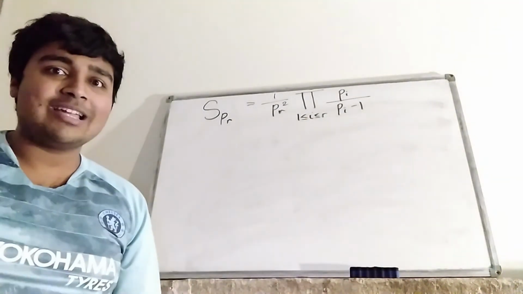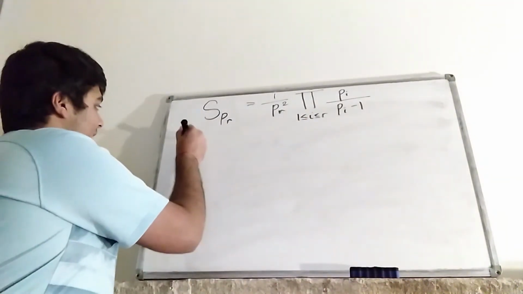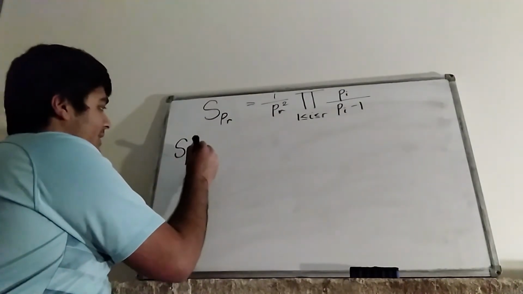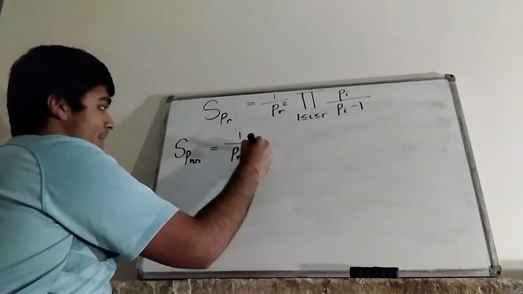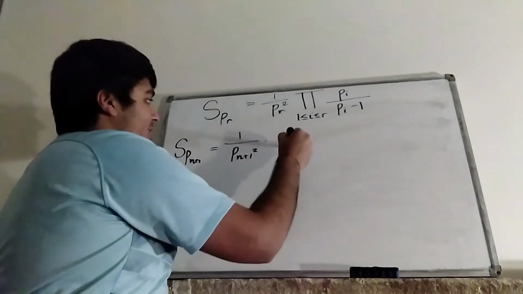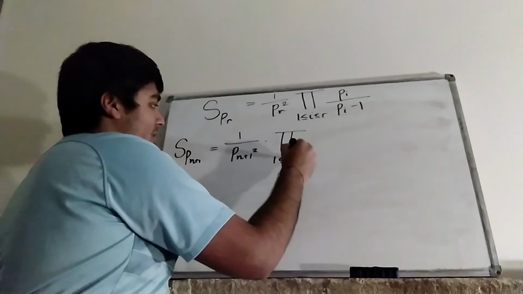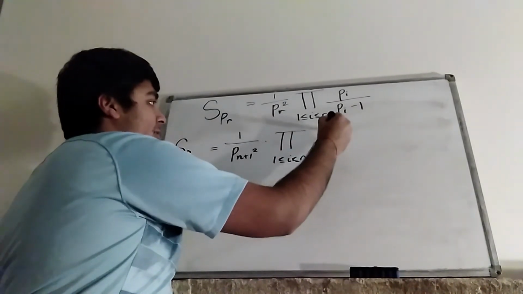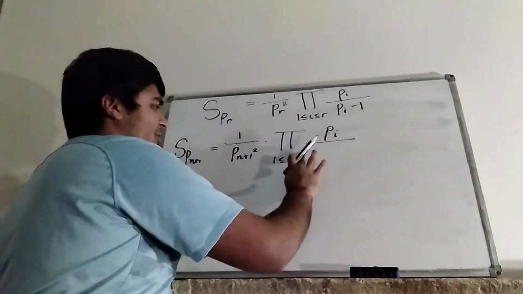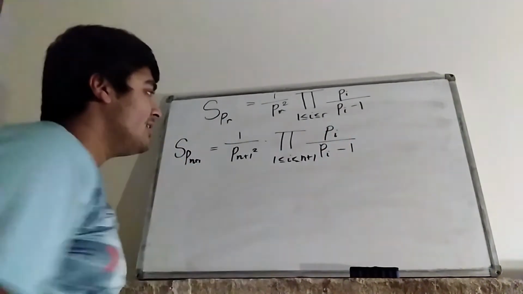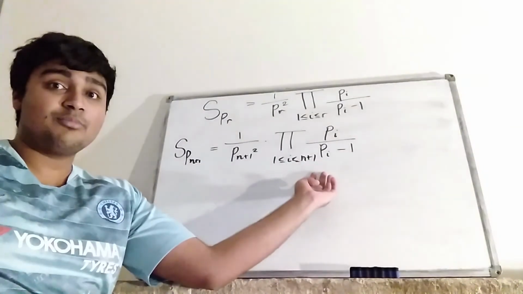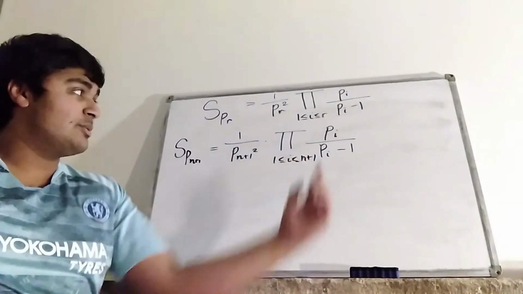So now what we want to do is look at S sub p_{n+1}. That's going to be equal to 1 over p_{n+1} squared times the product from i equals 1 to n+1 of p_i over p_i minus 1. What I'm going to do is take out the last element in this product, when i equals n+1.